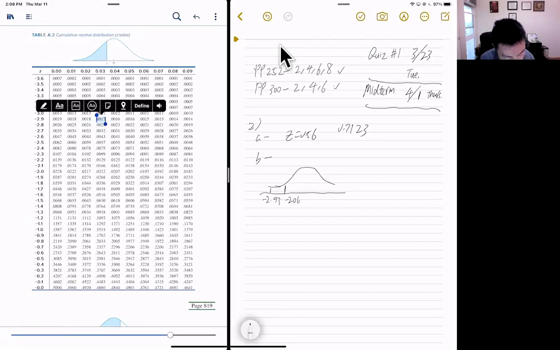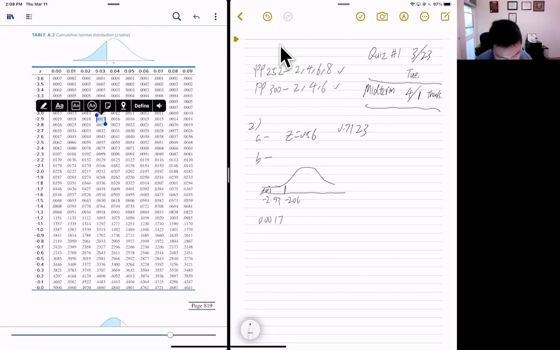So 0.0017. That's the area on the left-hand tail of minus 2.93.